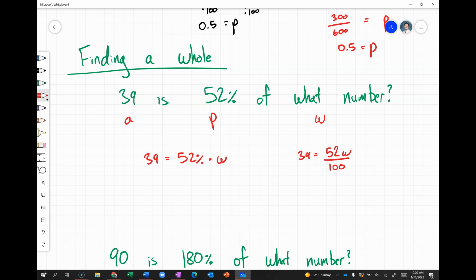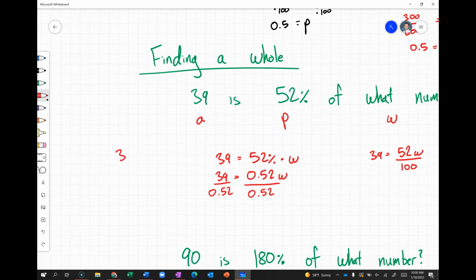So on the right, we've got 52%. We need to rewrite that as a decimal or fraction, so 0.52 times W, and then we would divide both sides by 0.52. So 39 divided by 0.52, if we move that decimal twice, becomes 3,900 divided by 52.